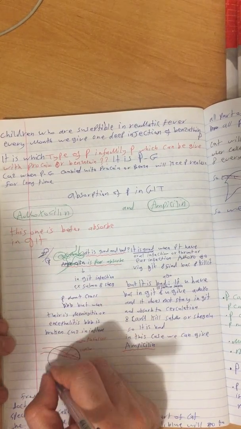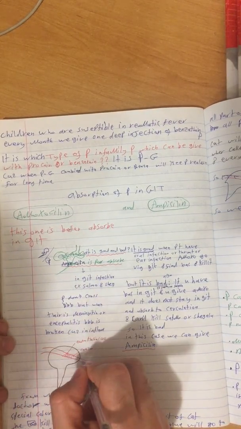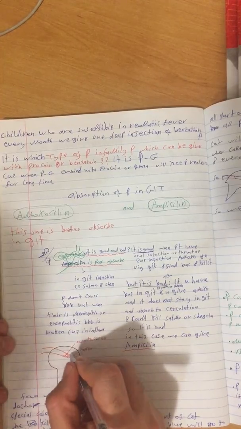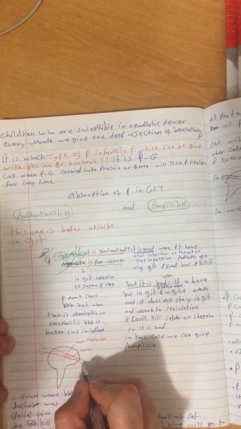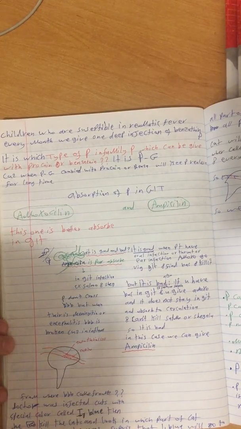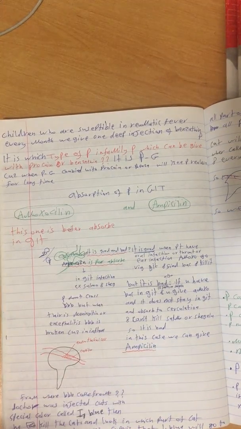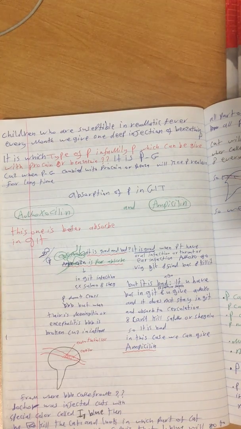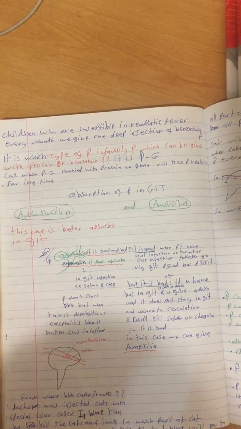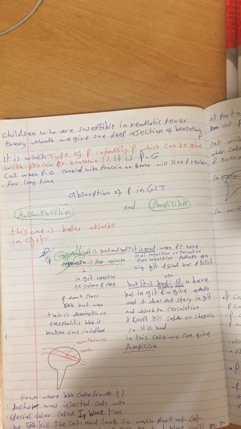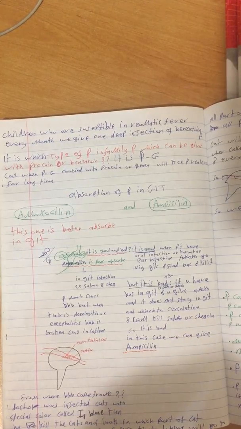If we draw here, this is a blood vessel, these are endothelial cells and capillary. So where did the blood-brain barrier idea come from? There was a doctor who injected cats with a special color called Evans blue.